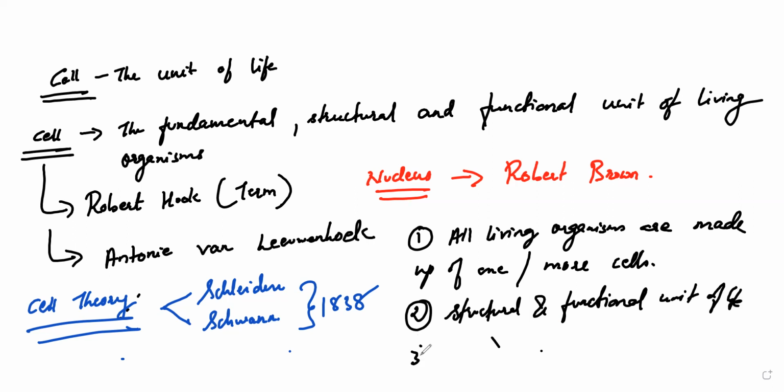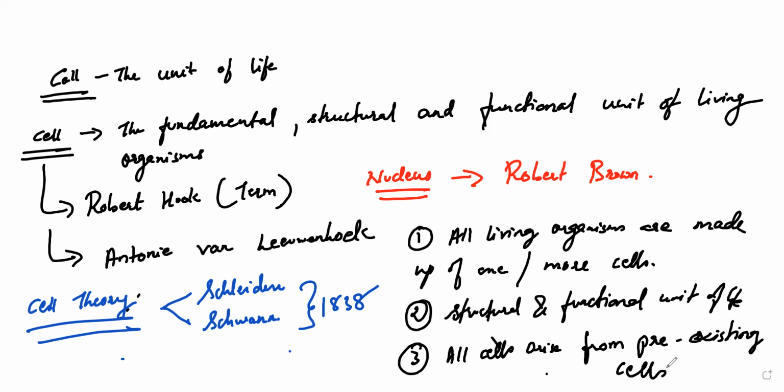And the third point of this theory is all the cells arise from pre-existing cells. So these are the 3 points which were given by Schleiden and Schwann under the cell theory.